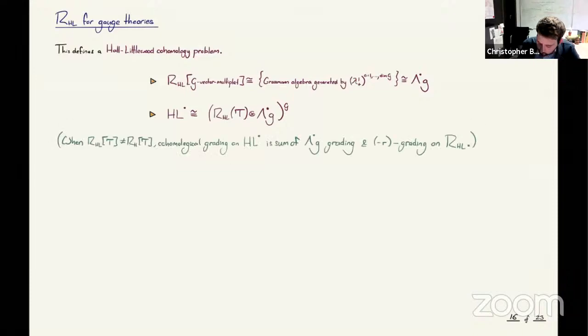In the case when my original theory already had non-trivial higher U1R grading pieces, then the cohomological grading on this complex is going to be the sum of the grading that I have on my pre-existing piece and the grading that I have on this exterior algebra. If in my original theory, the Hall-Littlewood chiral ring was just the Higgs branch chiral ring, as is the case for free hypermultiplets, then I get all of my cohomological grading from this exterior algebra.